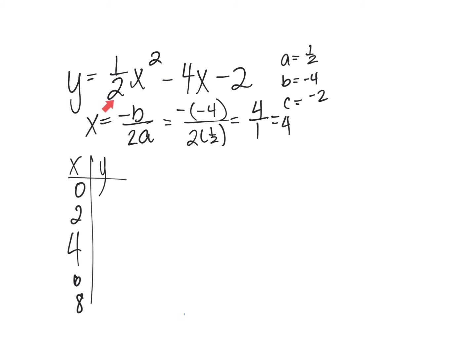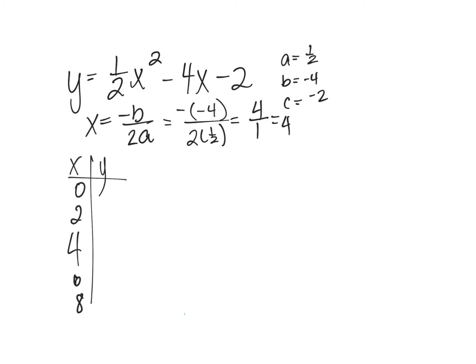If my fraction was 1/3, I would skip 3 numbers from my vertex, and then every third number is going to give me something divisible by 3. So it's always going to be based on the bottom line? Yeah, based on your denominator. Or you just plug them in and add and subtract your fractions. There's ways around the fractions, that's all I'm saying.